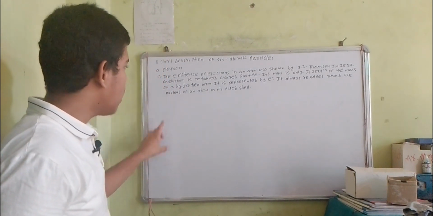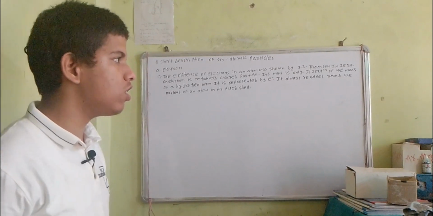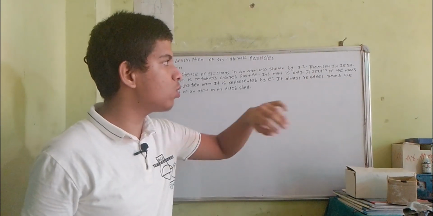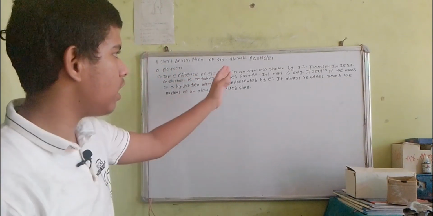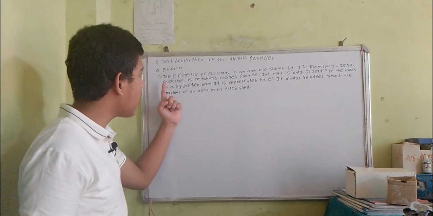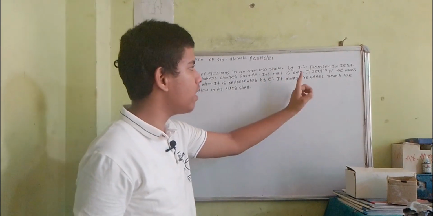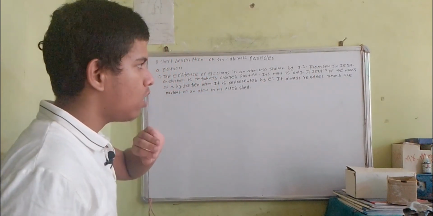The existence of an electron in an atom was shown by J.J. Thomson in 1897. This is the name of the scientist who found the electron in an atom.